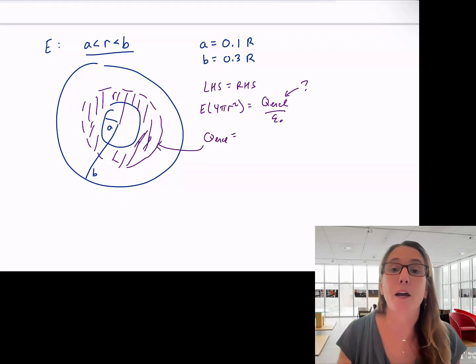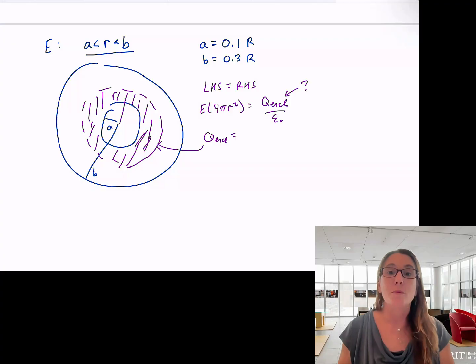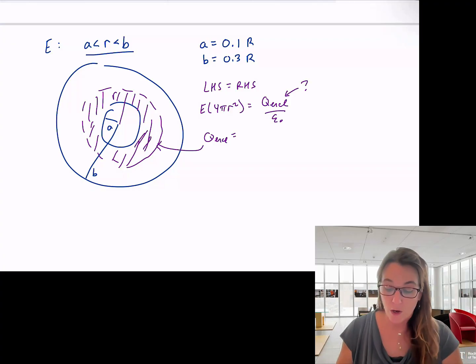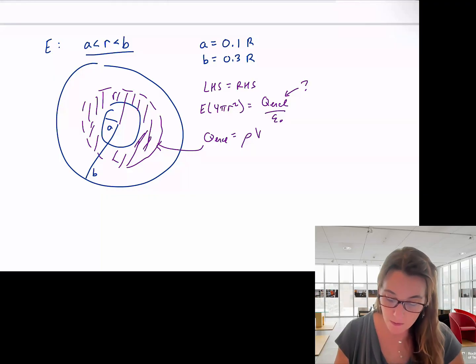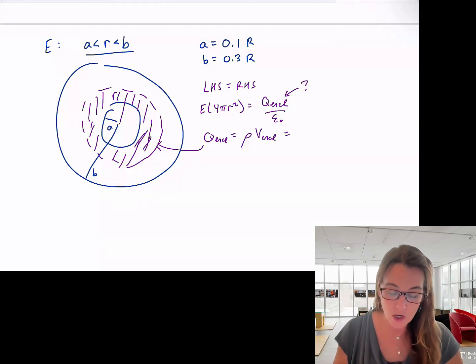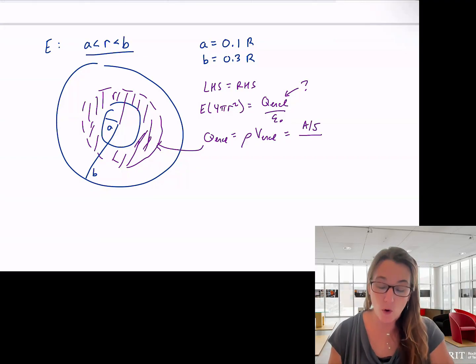that is enclosed by the Gaussian surface is going to be equal to my total volume charge density times the volume that's enclosed. And so that can be written as my Q total, which was A over 5, over my total volume.